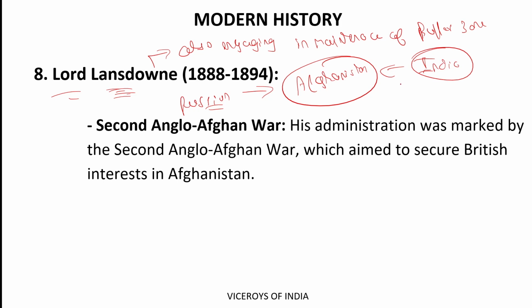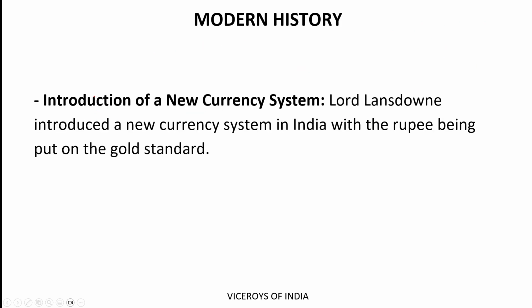So during this time period, the Russians were approaching towards Afghanistan. So the Britishers were trying to control the Afghanistan government, or make it a puppet government, which would not allow the Russian Empire to set its roots in India, so that the British Empire would be safe. Okay. So the second Anglo-Afghan War was fought by Lord Lansdowne. Got it? Now let's move forward.